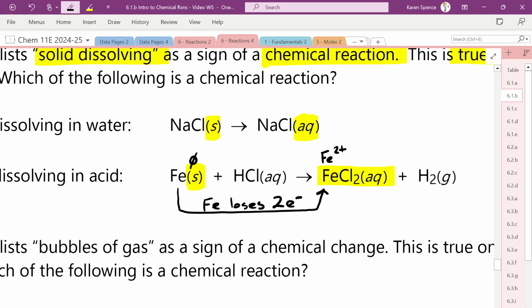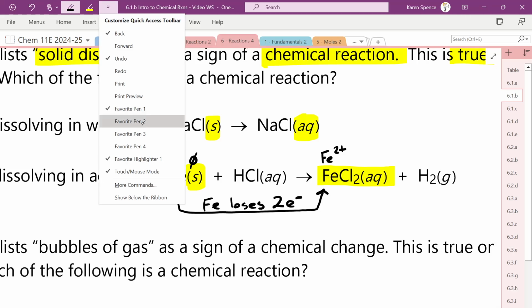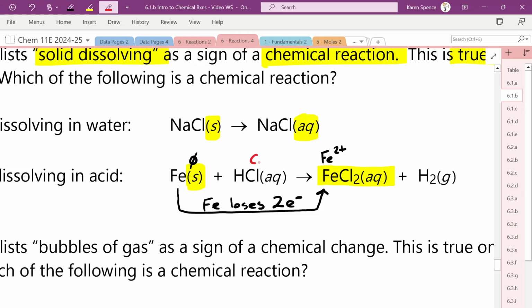Chloride? We have, let's see, chloride. Cl over here is Cl minus, and chloride here is also Cl minus. So has the chloride accepted any electrons? Oh, and I forgot to put a 2 here, so there would be 2 chlorides and 2 hydrogens.